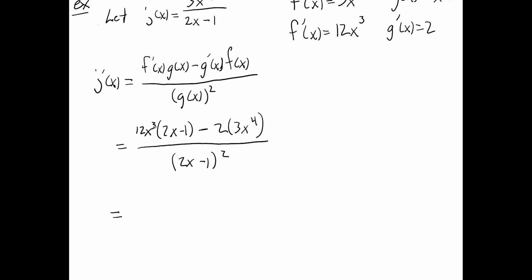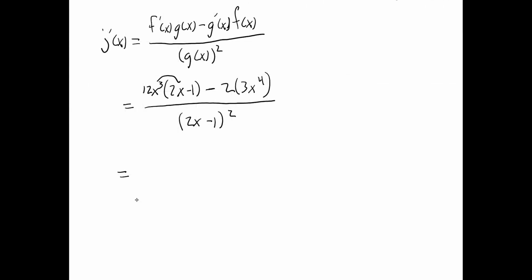So I get 12x cubed times 2x gives me 24x to the fourth, and 12x cubed times negative 1 gives me minus 12x cubed.